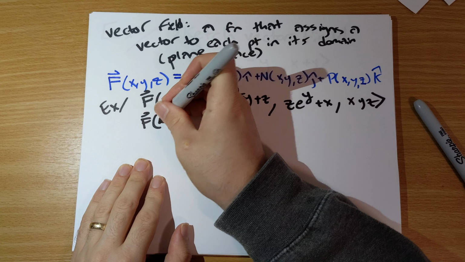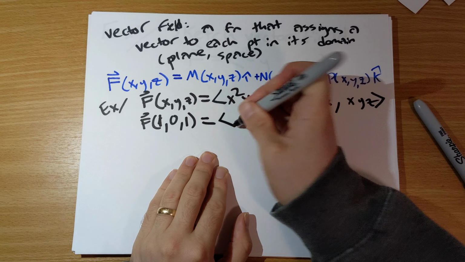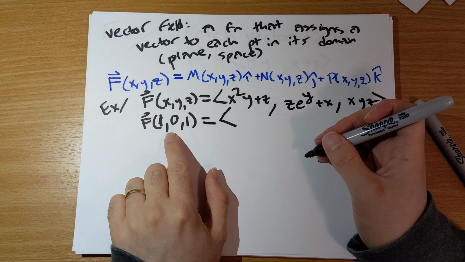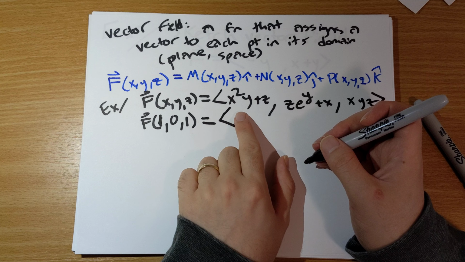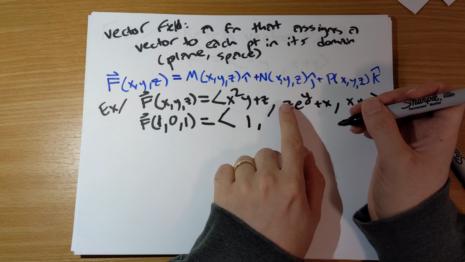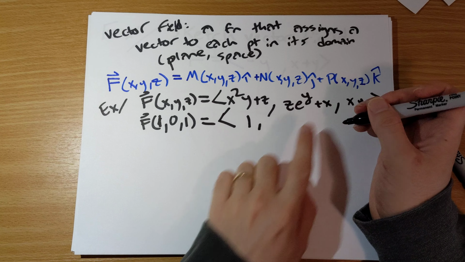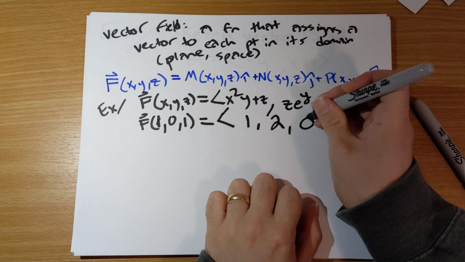F of 1, 0, 1, just to show what's going on here: plug in x is 1, y is 0, z is 1. 0 plus 1 is 1; 1 times e to the 0 is 1, plus 1 is 2; and 1 times 0 times 1 is 0.